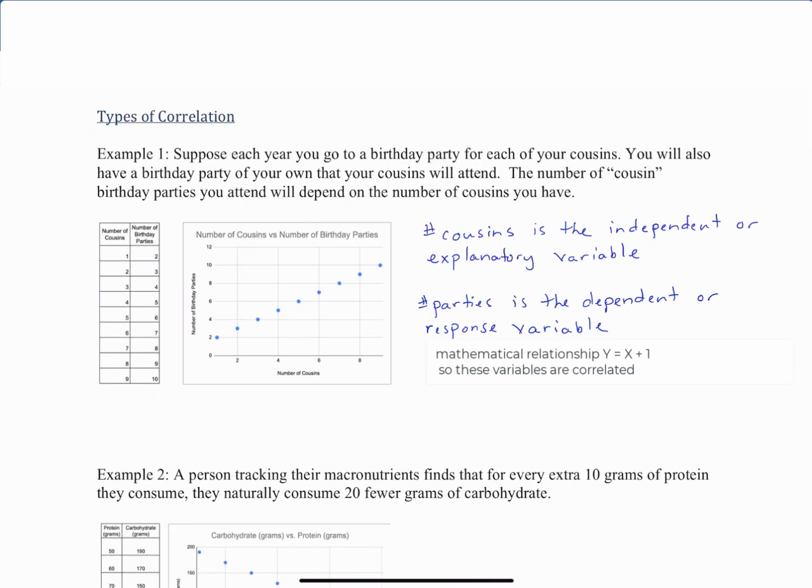Notice these dots line up in a straight line. You could draw a nice straight line through them. So there's a mathematical relationship between the number of birthday parties and the number of cousins. When there's a mathematical relationship between two variables, we say they're correlated. And because these line up in a straight line, we call this a positive linear correlation.